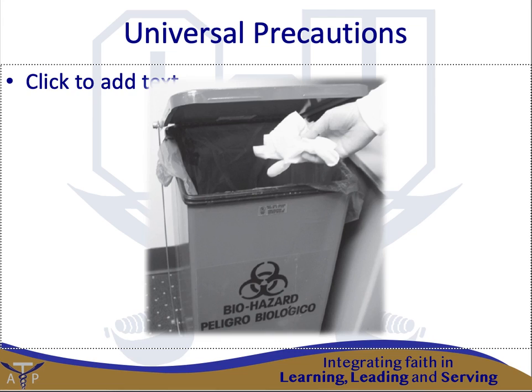If materials such as gauze or bandages are saturated, we need to place them into a container such as the one pictured here, a biohazard container. This biohazard container is for materials such as saturated gauze, bandages, and other soiled items such as gloves, gowns, and eyewear. Once you are finished with the first aid care, we need to carefully and properly remove our gloves.